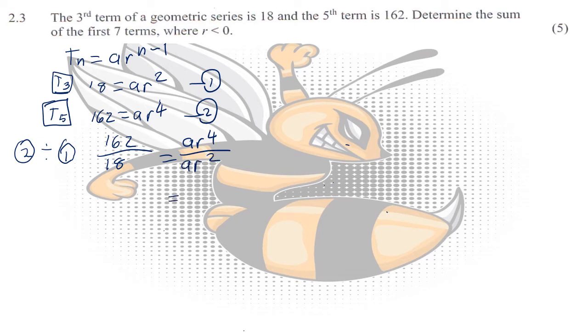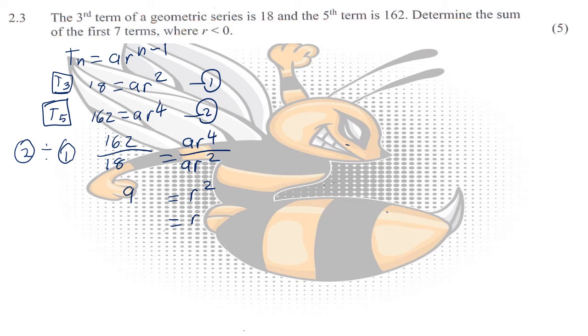And from there we can simply simplify, and we're going to have 162 divided by 18, that becomes 9, and on this side with the r's we are just going to be left with r squared. Now to find the value of r, we just take the square root on both sides.